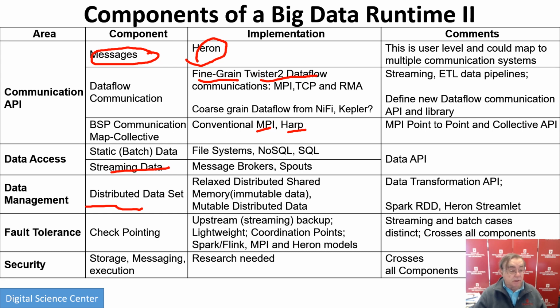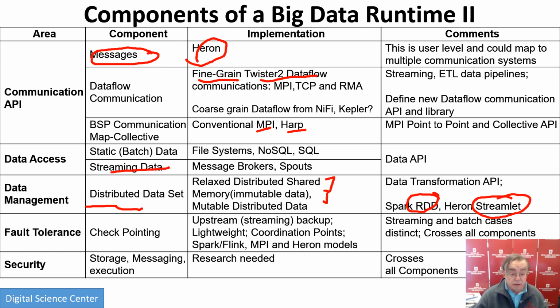When you're doing a typical Hadoop job, the original data is immutable. You're not touching it. But there's mutable data, which is the results of the Hadoop run. And we have to know how to deal with this data, especially when it's distributed and possibly inconsistent between the different nodes. And here, Spark with RDD and Heron with Streamlit have some technologies.